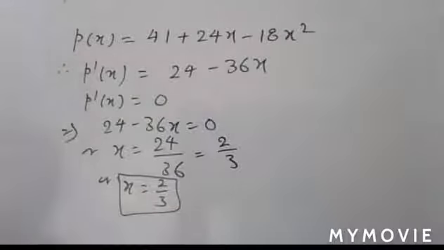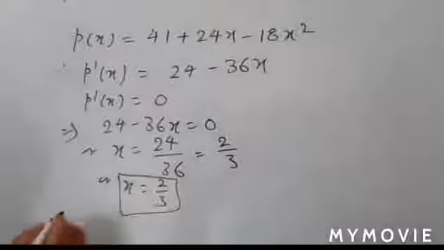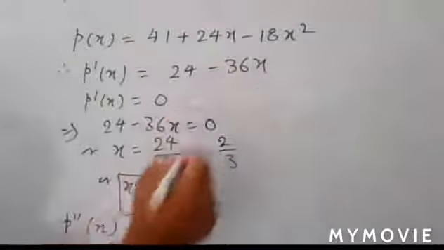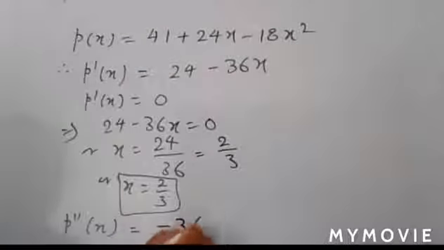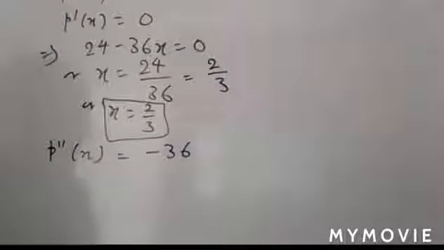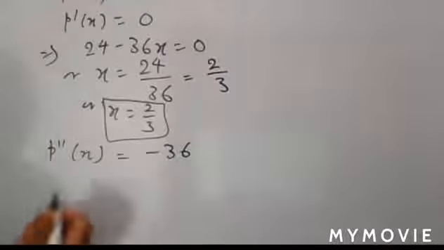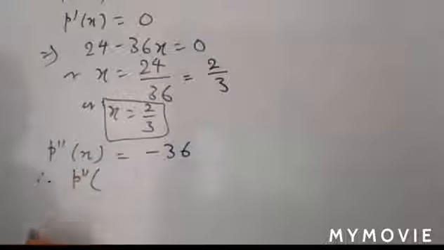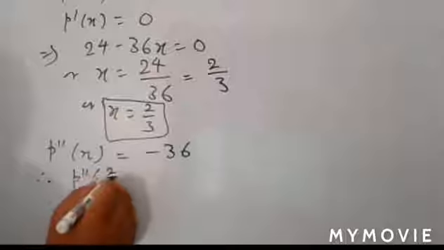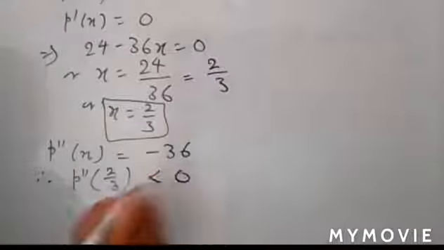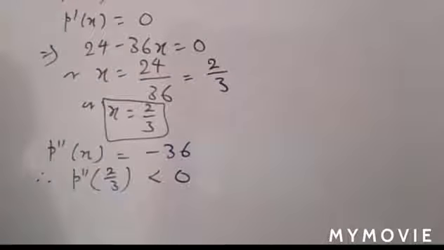Now what you do, you have to take its second derivative. So p double dash x, you have minus 36. Understand? So here 36 is a constant value, and here you have negative. So this shows that the second derivative at the given value of x, means 2 by 3, is also negative, less than 0.